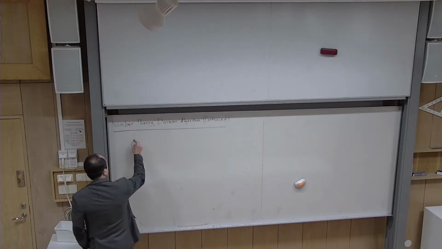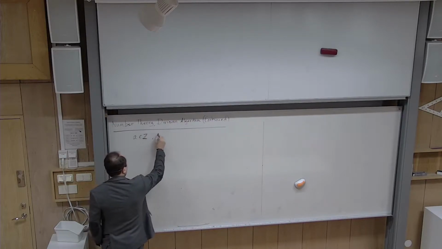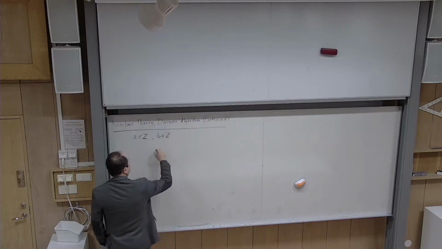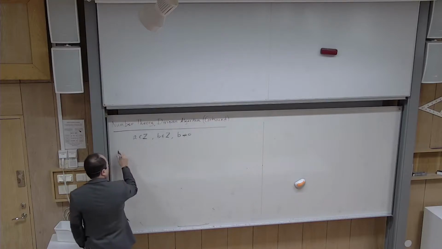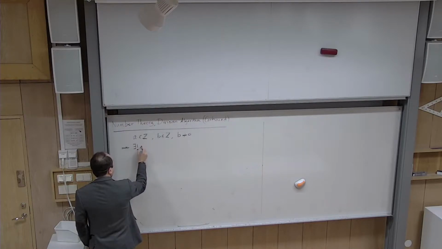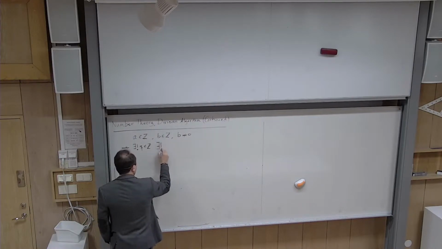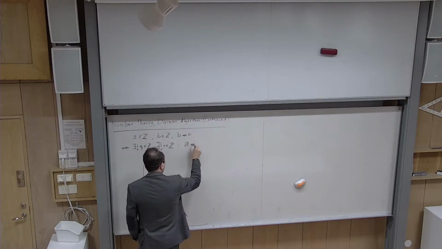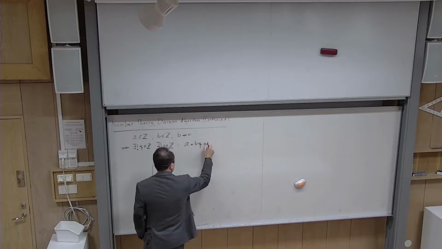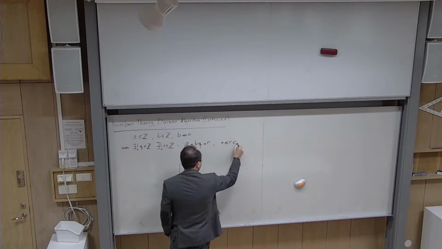This tells you that if a is an integer, b is also an integer, and moreover b is not 0, then there exists a unique q in Z, and there exists a unique r in Z, so that a is equal to b times q plus r, and moreover r should satisfy this condition.